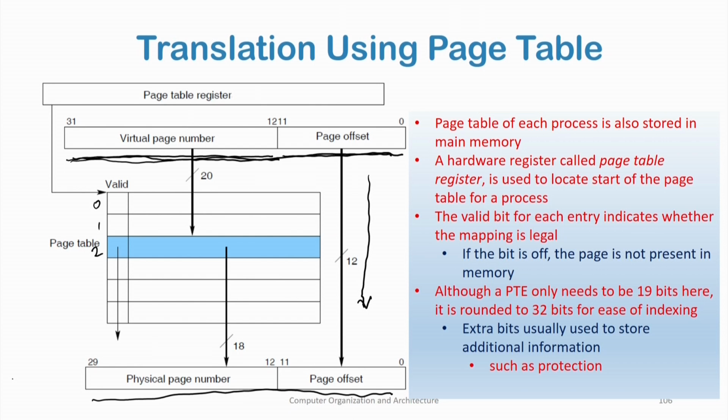So, the valid bit, what does it tell us? It tells us whether the mapping is legal. If this bit is off, what does it mean? If this bit is off, the page is not present in the physical memory. Suppose this valid bit is 0; this means that the physical page number that this page table entry contains is invalid.